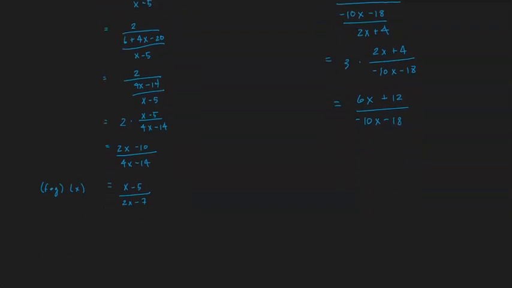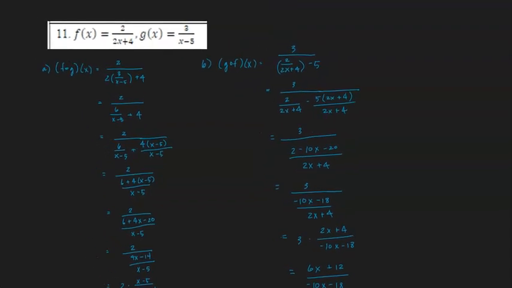I can take each of the terms. They're all divisible by 2, so that's going to be 3x plus 6 over minus 5x minus 9, and that's g of f of x. Okay, let's go ahead and state the domain and range of this.